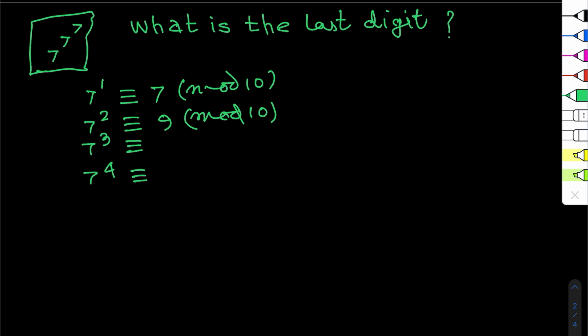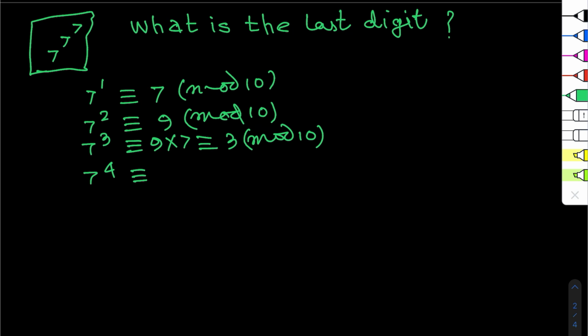And for 7 to the power 3, it is 7 into 9, and 7 nines are 63, so 3. So 3 is the unit digit, or 3 will be the remainder when 63 is divided by 10. That is why 7 to the power 3 gives the remainder 3 when divided by 10.